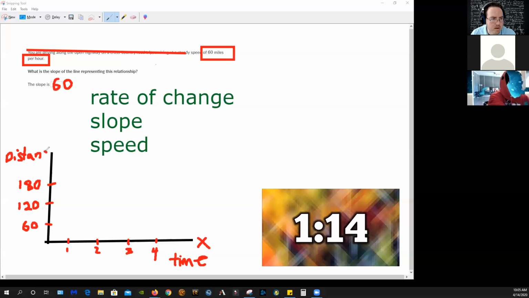I'm getting better at writing. So the y-axis is our distance, and what we end up having is this. Actually, I can draw the dots. After an hour, you'd have gone 60 miles. After 2 hours, you've gone 120 miles. After 3 hours, you go 180 miles, and so on.